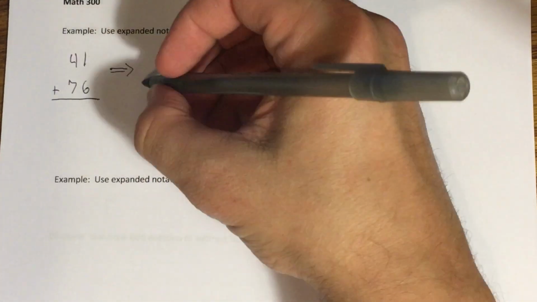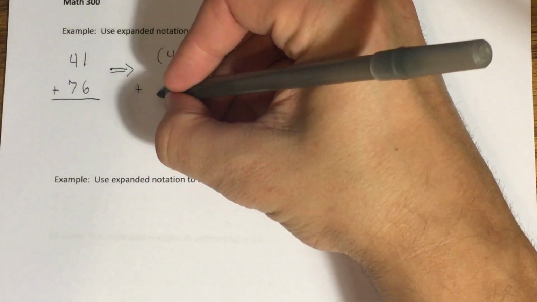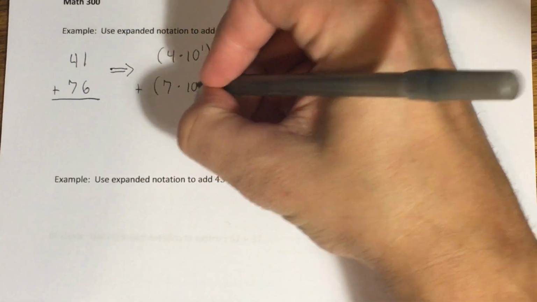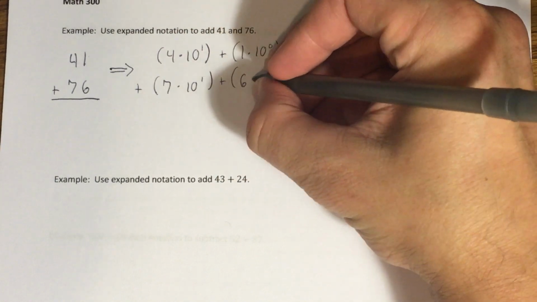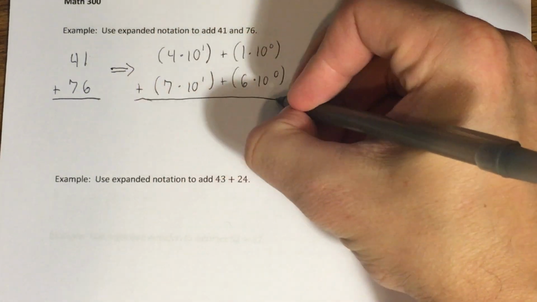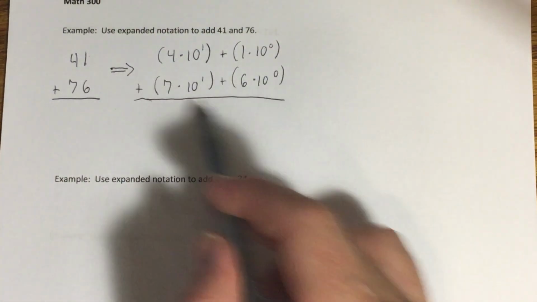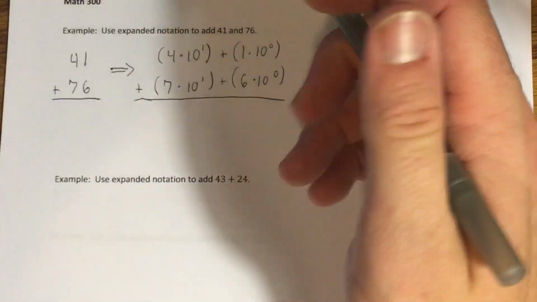Okay, and to that I'm going to add 76, which has 7 tens, 7 times 10 to the power of 1, and 6 units, or 6 ones, 6 times 10 to the power of 0. Okay? Now technically all of this is being added into one number to get a single sum out of all of this.